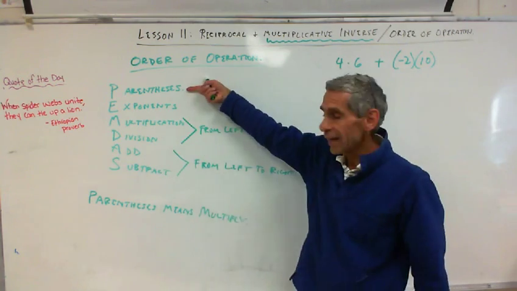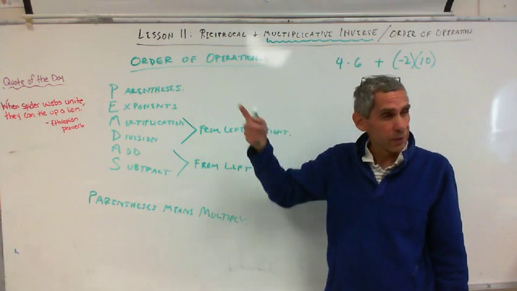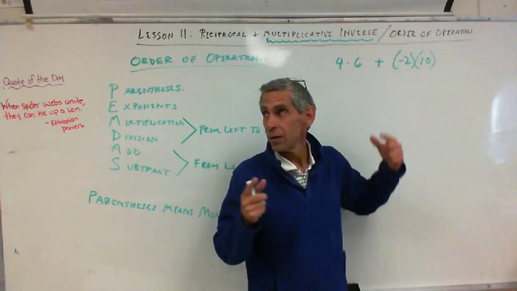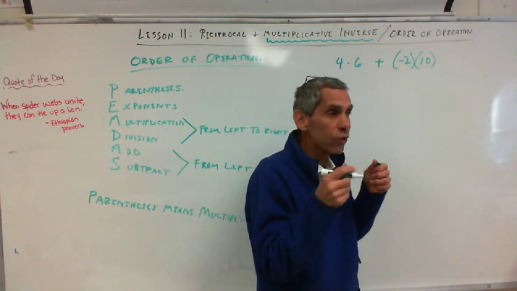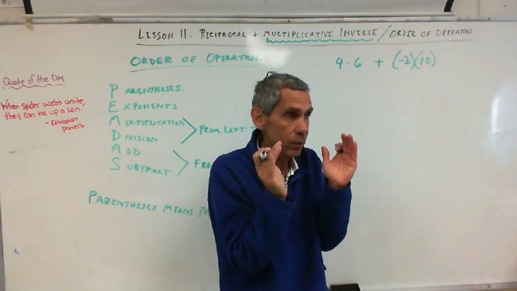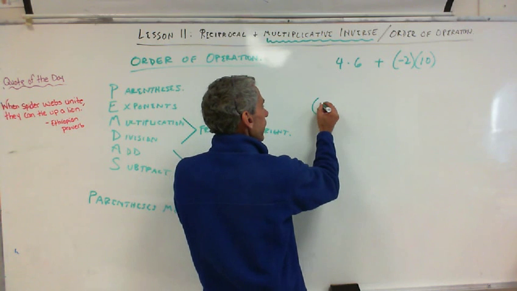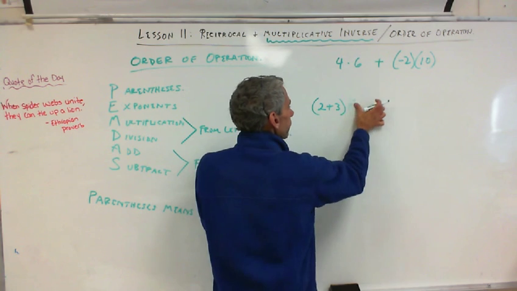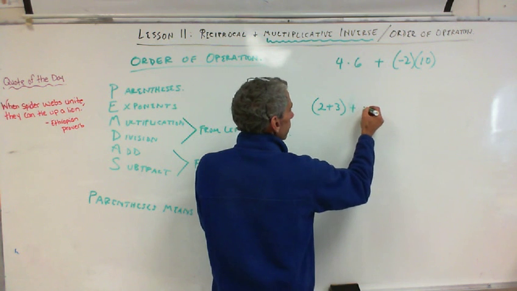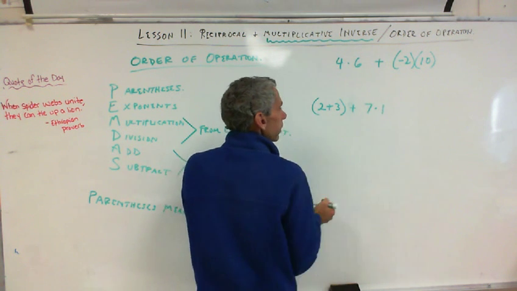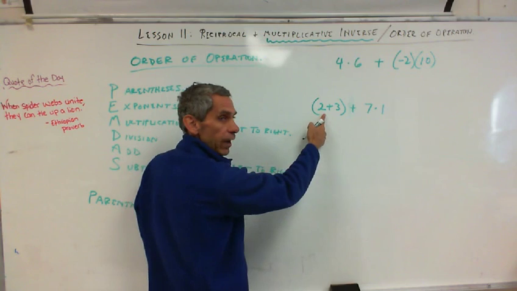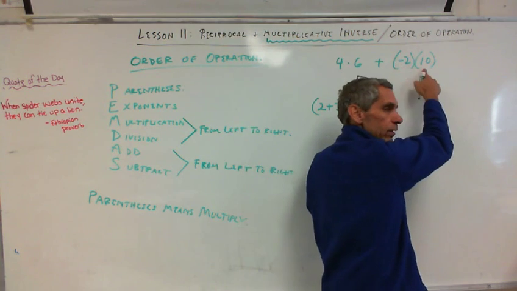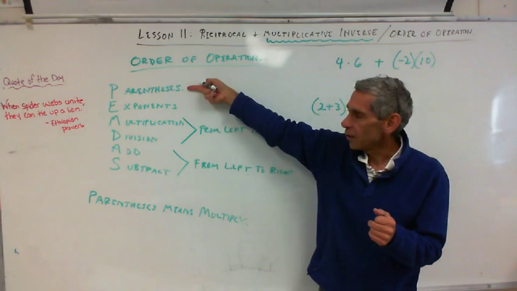Now this says parentheses, right? Does that mean I have to multiply these first? Because technically, when they say parentheses, they're saying if there's something inside the parentheses that you can do. If it was like 2 plus 3, plus 7 times 1, I would have to do this first. That's 5. You see what I'm saying? But there's nothing I can do inside this parenthesis. So really, that's all they're talking about.